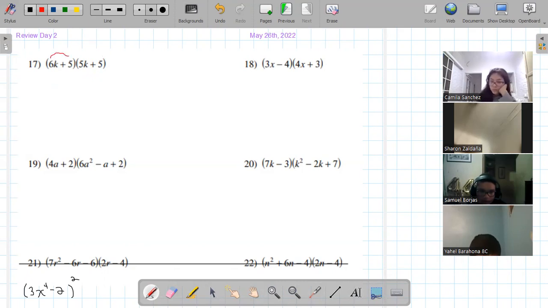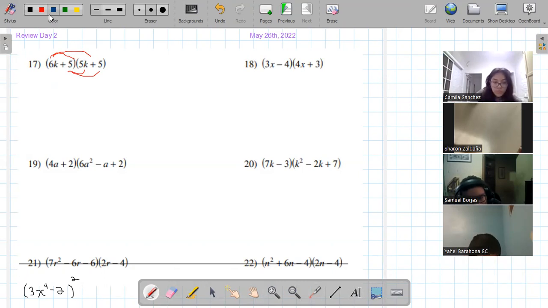Multiply the 6k times the 5k and times the 5, and then the 5 times the 5k times the 5. Remember when we are multiplying a monomial times another monomial, we multiply the coefficients and we multiply same variable with same variable. In other words, we add the exponent if they have the same variable. If they have a different variable, then we just go ahead and copy them both.